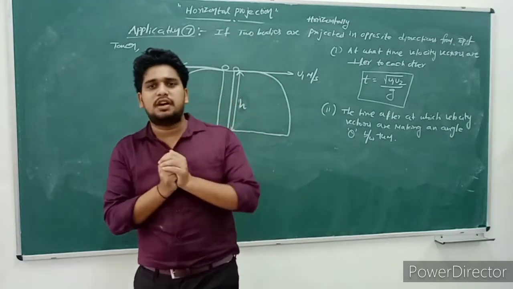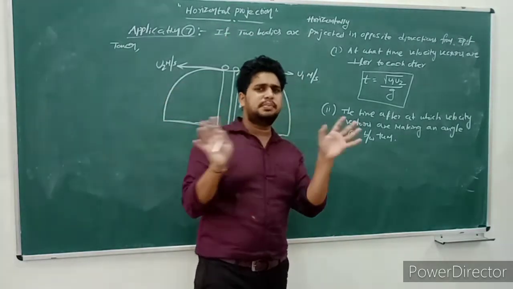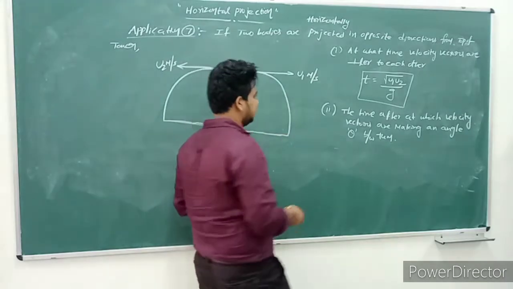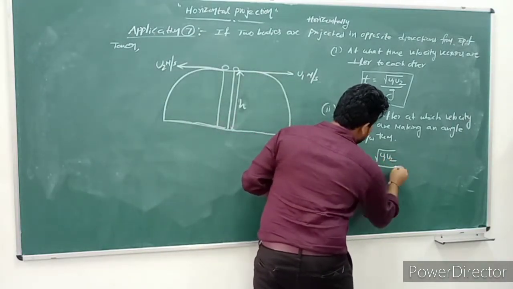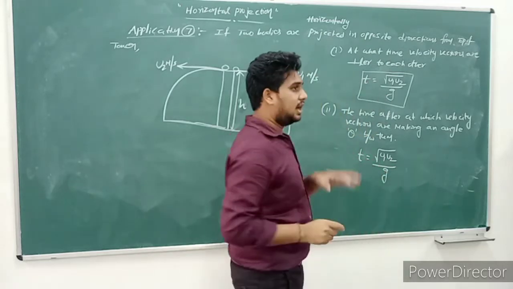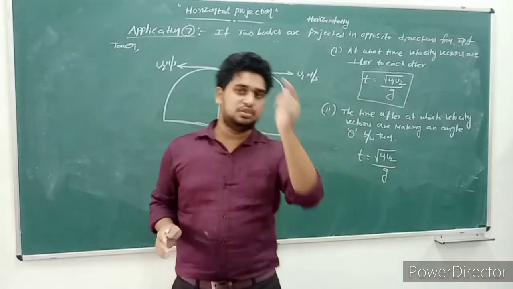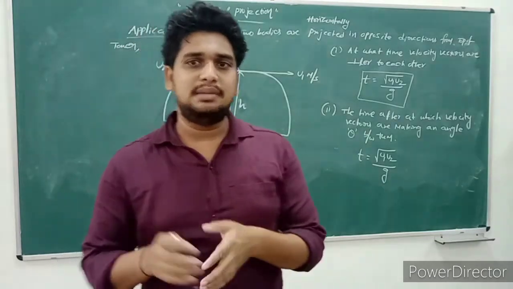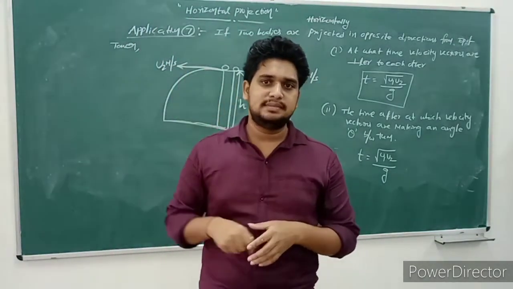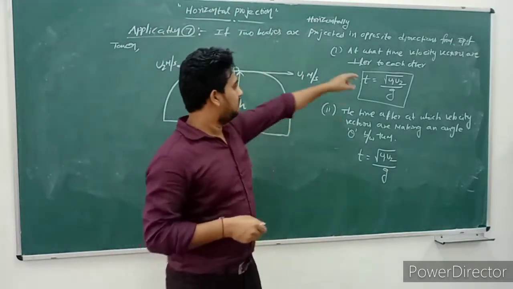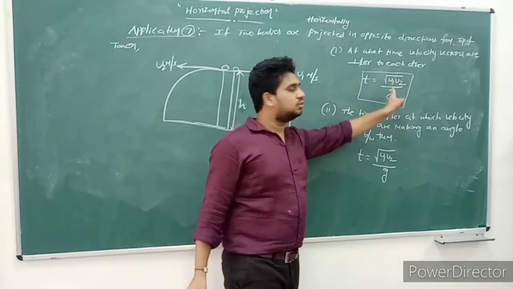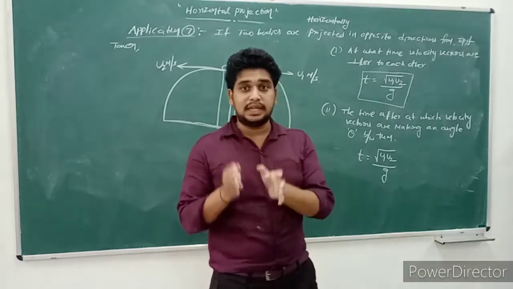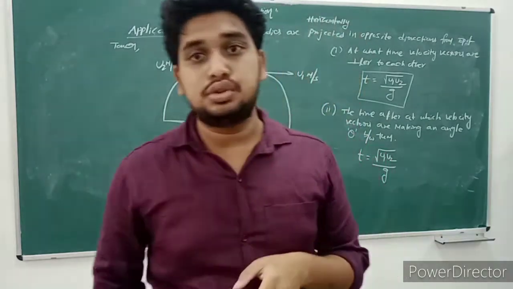So how can we apply the formula here? Simple, don't panic, simple concept. Let me observe one thing here. Generally time means u by g. Is it or not? But here we are taking two velocities now. So that's right, square root of u1 u2 by g, because we have to take the resultant velocity of those two.